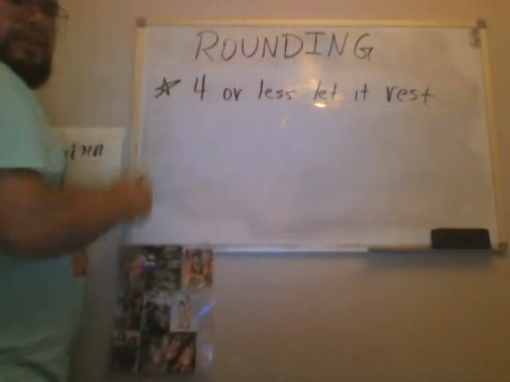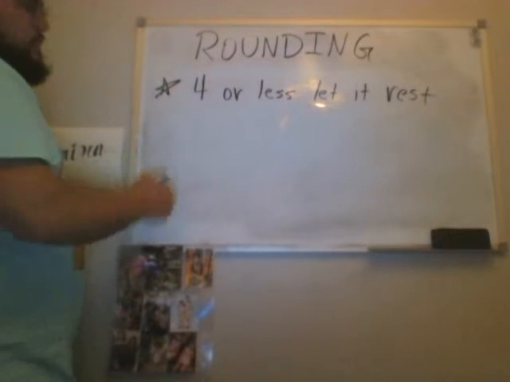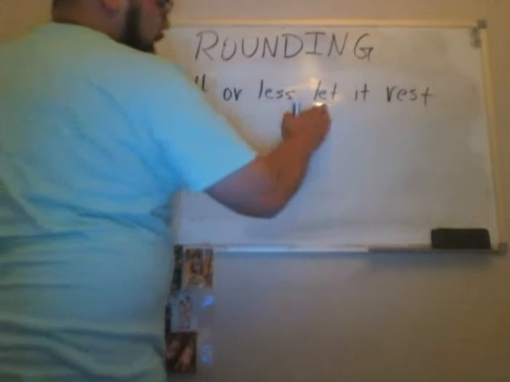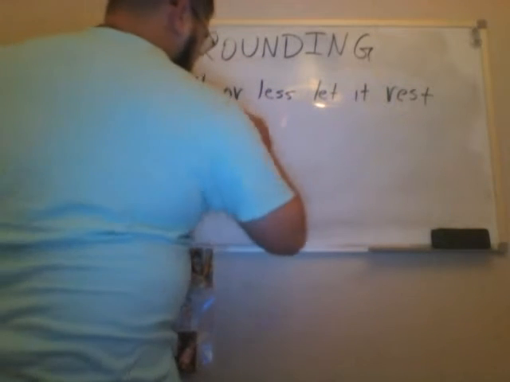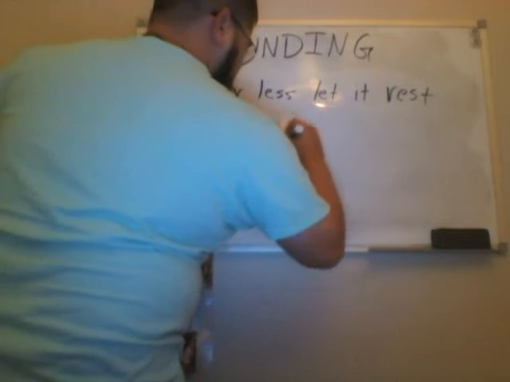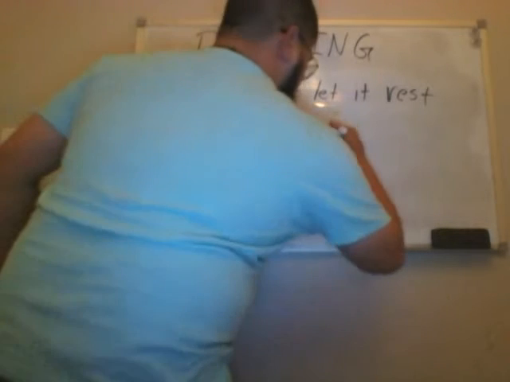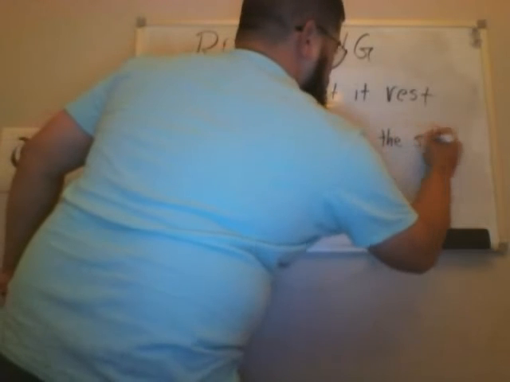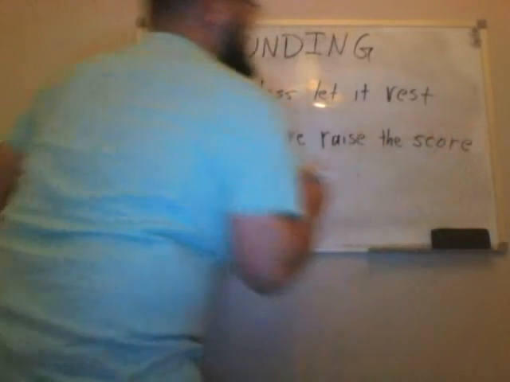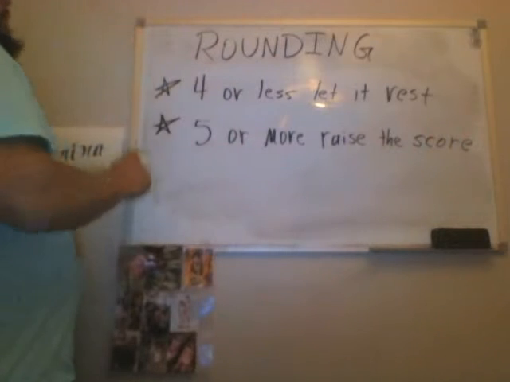Okay? 4 or less, let it rest. The next one is 5 or more, raise the score. Okay, just a way to remember it, easy way to remember it, right?